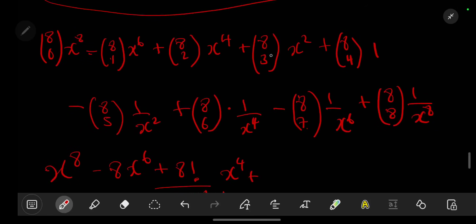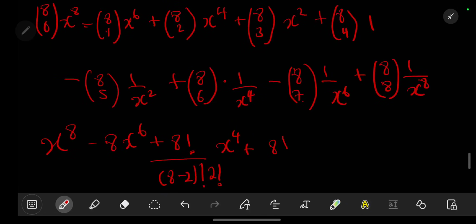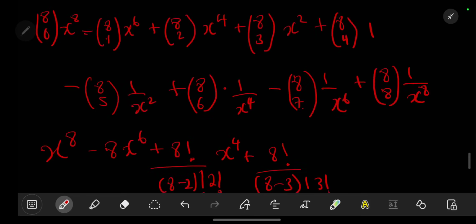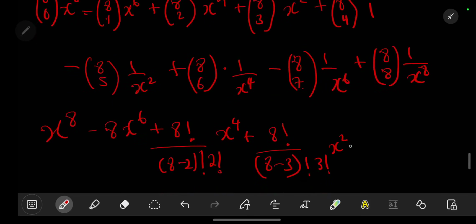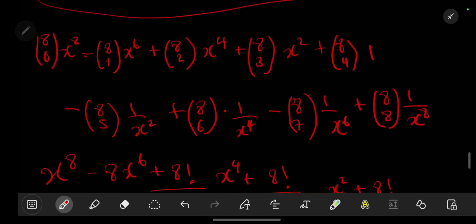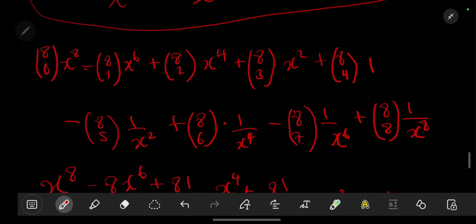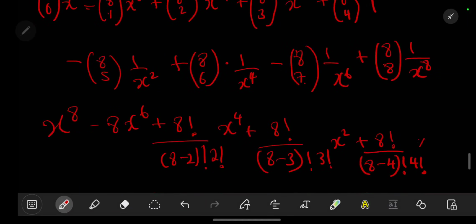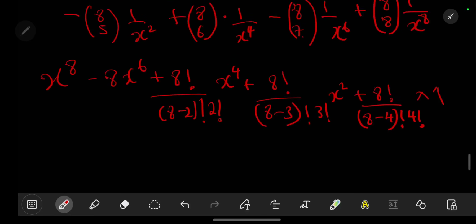So now we are here, we are going to do the same. 8 factorial over 8 minus 3 factorial, 3 factorial, then our x squared. Then plus our 8 factorial over 8 minus 4 factorial, 4 factorial, multiplied by our next value, which is 1.